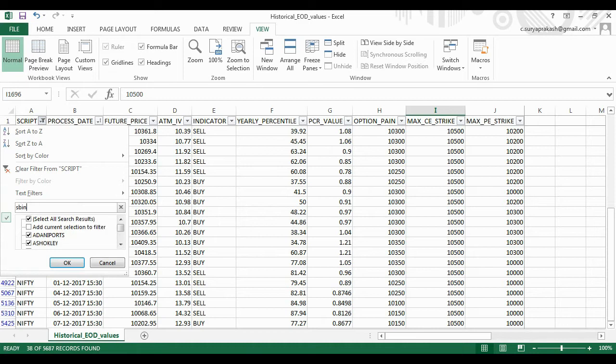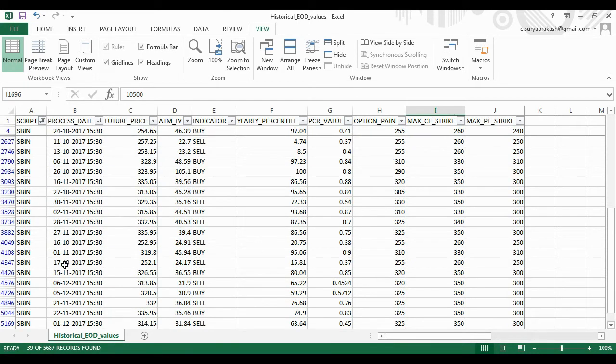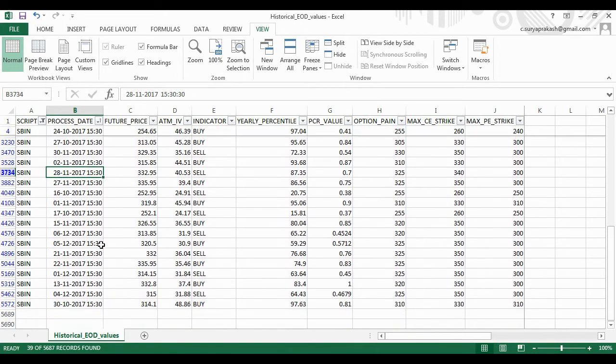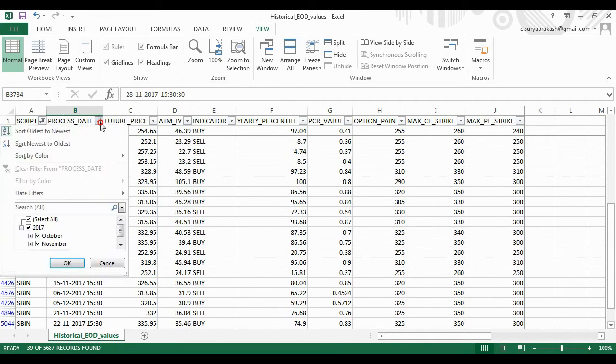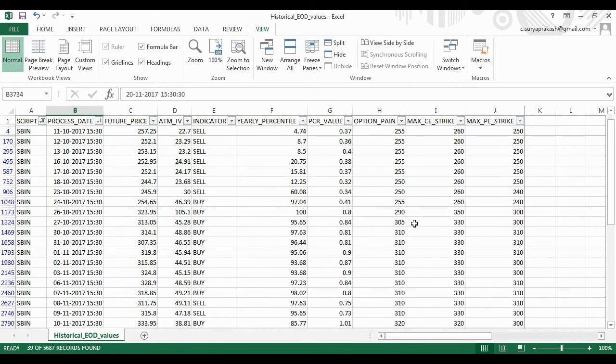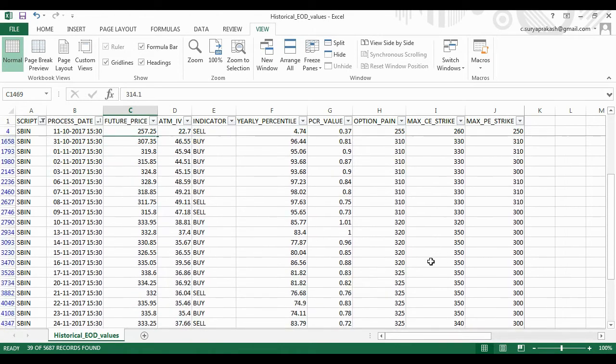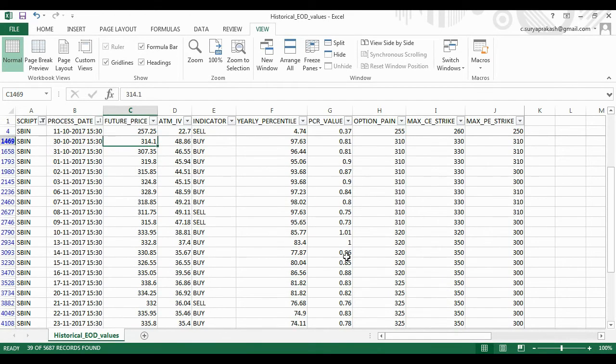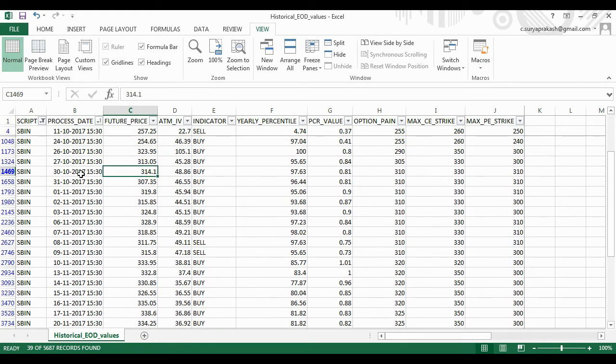Let's go to SBI because a very big news happened on October 24th. Let me check. So I'm once again sorting it. Here you can see that in the month of November, the contract actually started from the 27th of October.